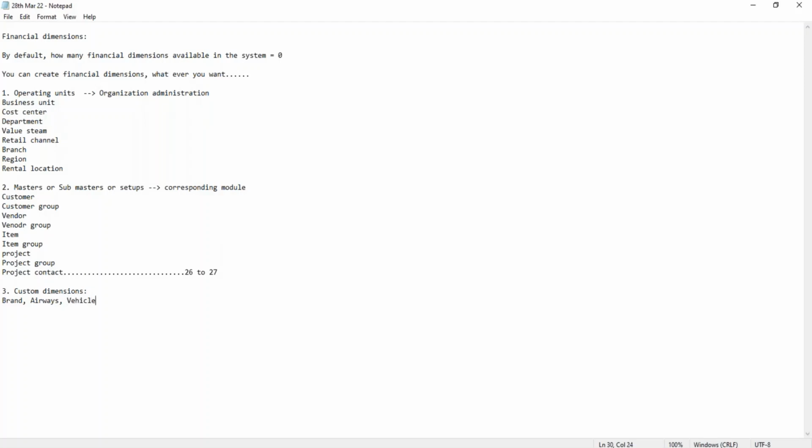Our vehicles: suppose I'm running my business and I have 10 cars or 10 cabs. For that I need to spend on petrol, I need to spend on cab drivers, I need to spend on so many things. Then that vehicle expenditure, repair expenses, petrol expenditure, I want to track in a report.